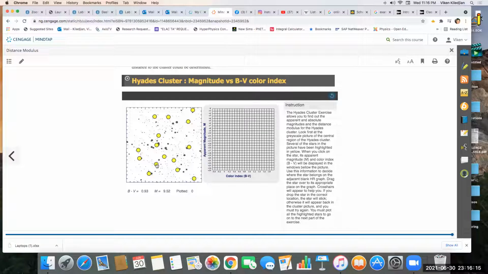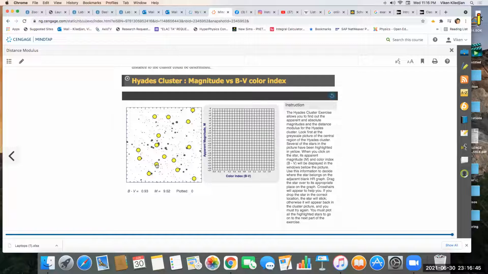Oh, you see the apparent luminosity. Sorry, they don't give you the apparent luminosity. They give you the absolute. Wait, is it absolute or the? It looks like it's capital M. When you click on its apparent magnitude, big M, 0 to positive 25. You know what? They miswrote it.